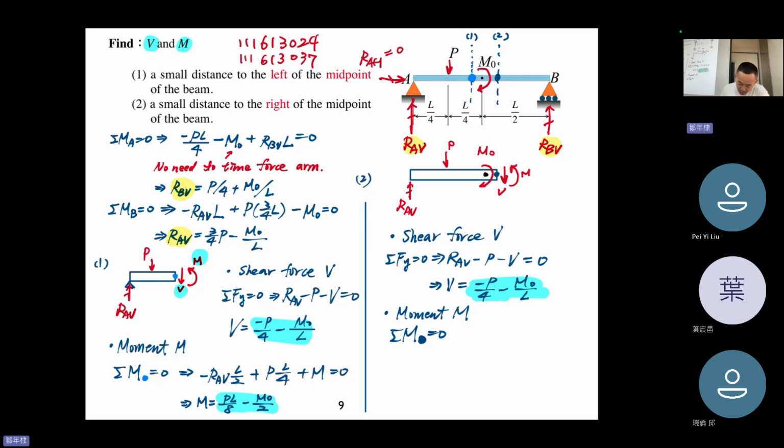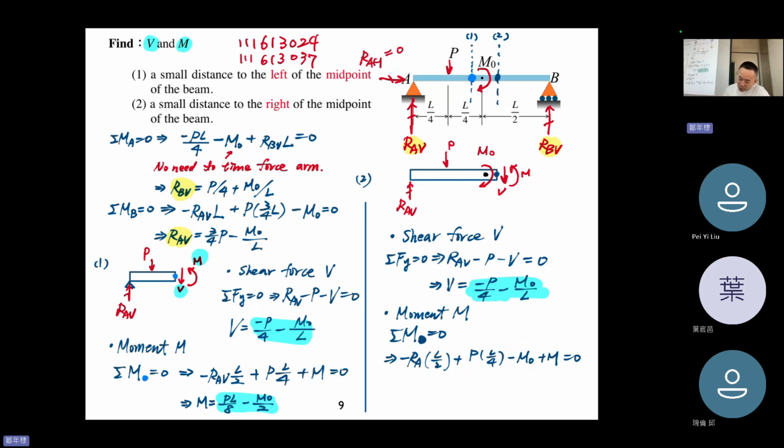All right. So next, we do the balance. Minus RA L over 2 plus P L over 4 minus M naught plus M. Okay, so you see that. Let's compare these two balances a little bit. Almost the same, but with one additional term, minus M naught.